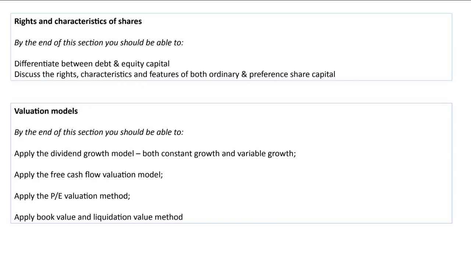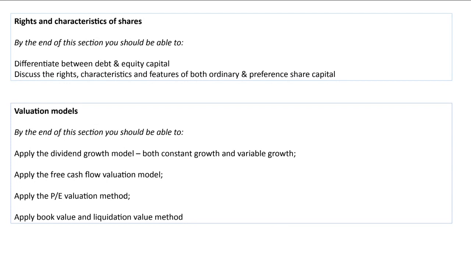One of the reasons why we use the PE ratio to do this is because, if you remember from last year, the PE ratio tells us how much investors are willing to pay for a share based on the perceived future earnings, i.e. EPS, of that particular share itself. So if a share is in high demand, the PE ratio will be high, because the number of multiples of future earnings that investors are willing to pay will be high.